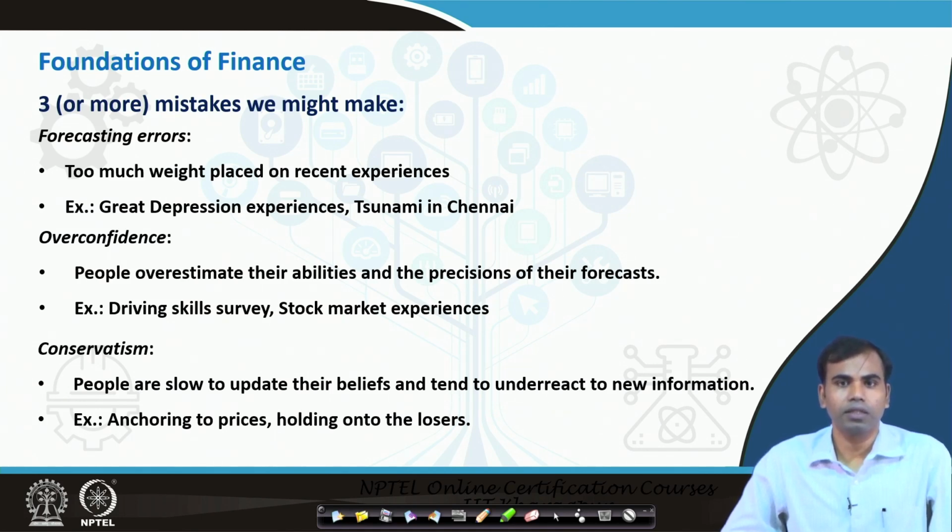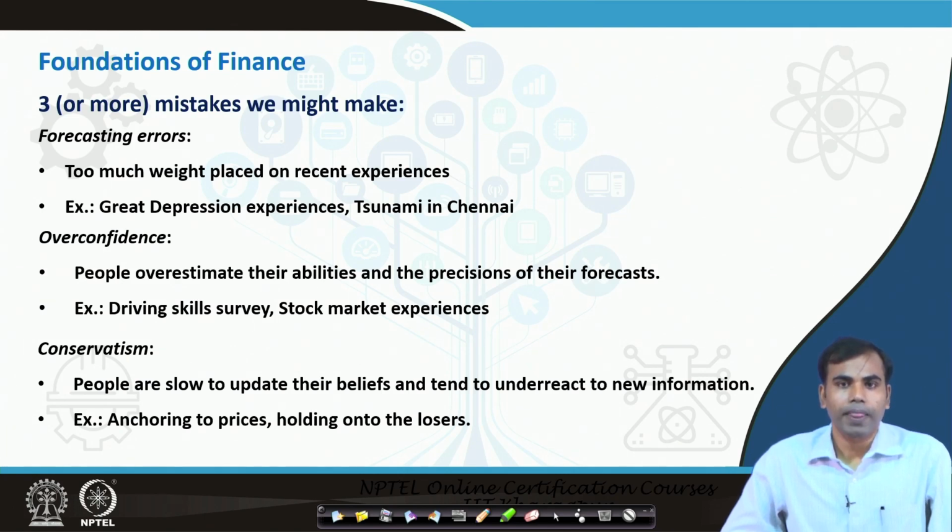Essentially, it is related to inertia, which means if you have certain beliefs about certain events, you do not want to change them immediately. Unless you have experienced some dramatic incidents, you do not want to upgrade your beliefs, and in the process you might be making some financially fatal decisions.